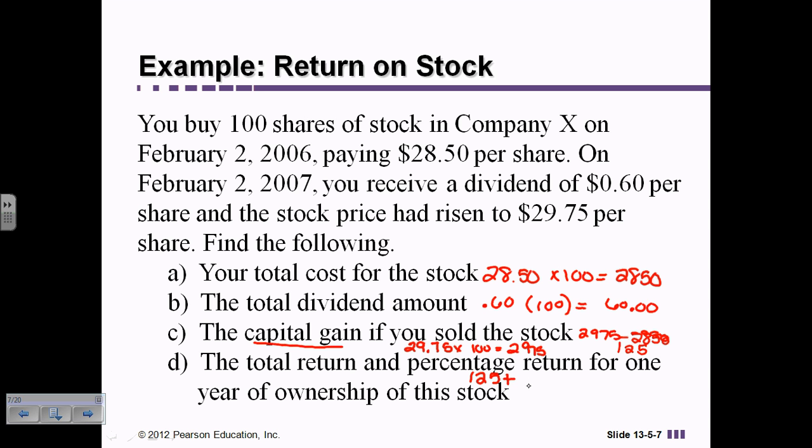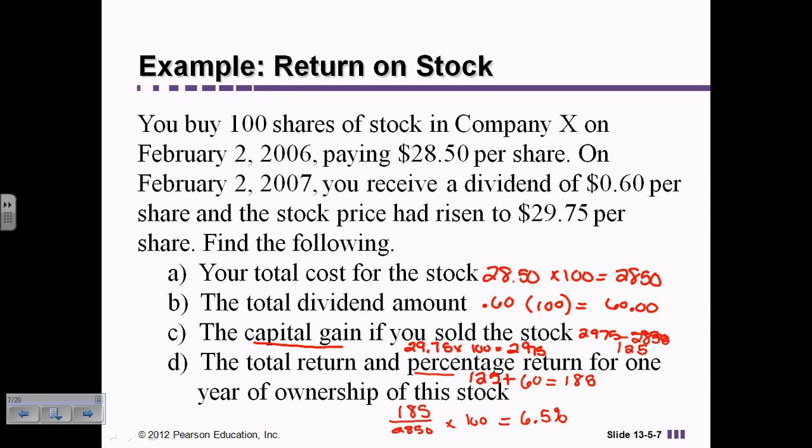Okay, so how much is the total return? It's the $125 plus the $60, and that's $185. So what's the percentage of the return? That's the $185 divided by what I started with, which is $28.50 times 100, times 100 again to make it a percentage. It would be 6.5%.